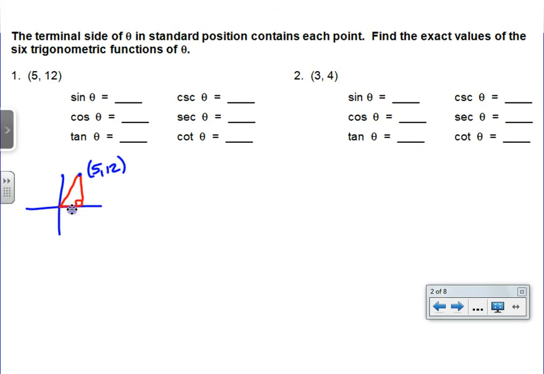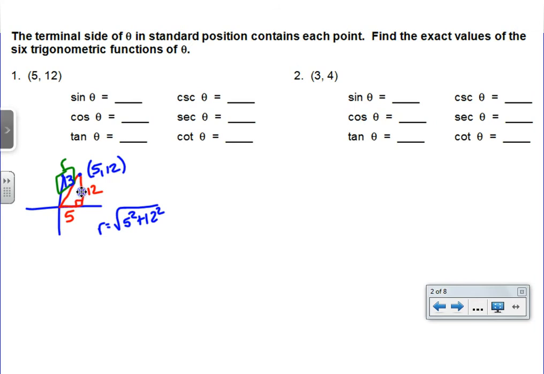The horizontal component to this right triangle is the x-coordinate, which was 5. The y-coordinate, or the vertical component, is 12. Then I need you guys to find the value of the hypotenuse, which we are calling r. And remember from the last slide, the radius is just Pythagorean theorem. So find the hypotenuse. This one comes out nice. Can anyone calculate that for me? 13.